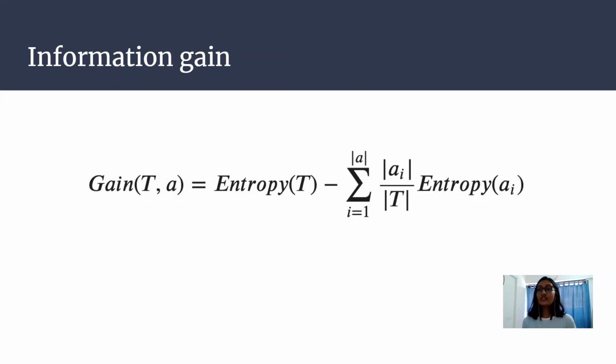Let us now understand the very first ASM technique, which is information gain, which is also known as ID3 decision tree. So information gain is the measurement of changes in entropy value after the splitting or segmentation of the data based on the attribute.